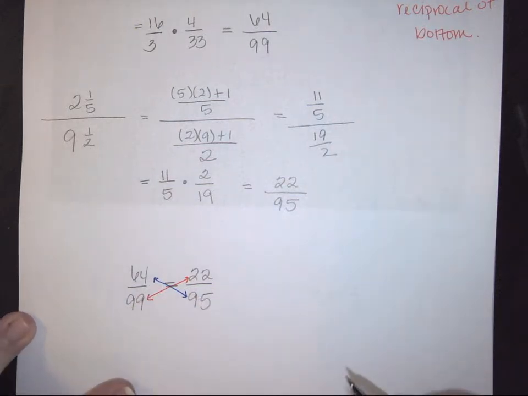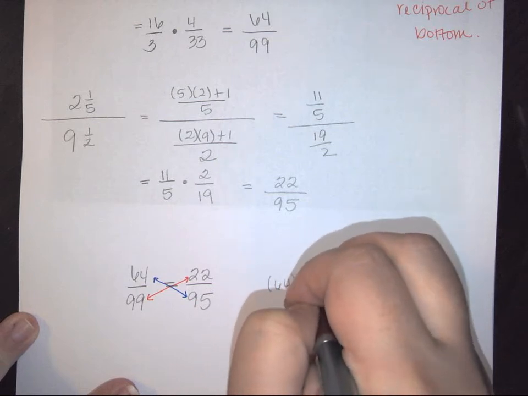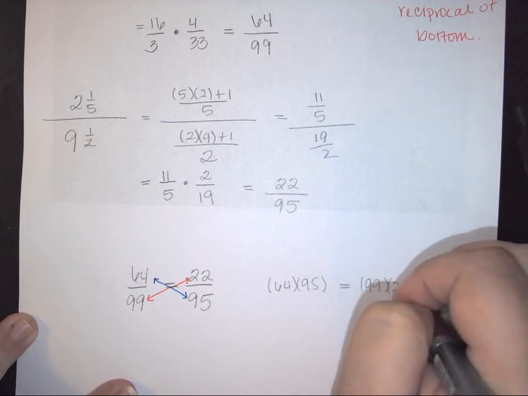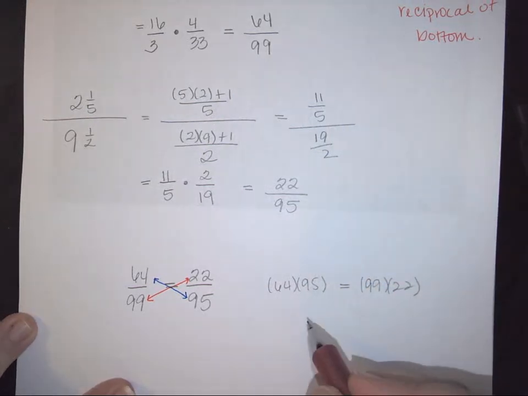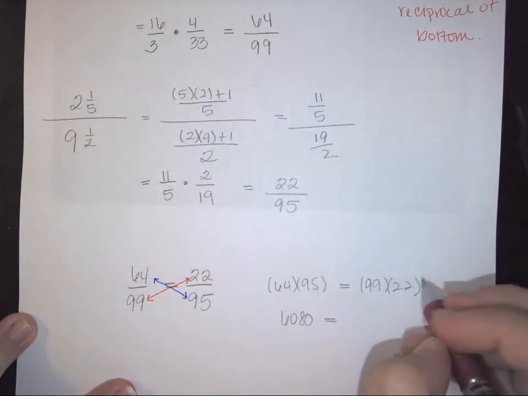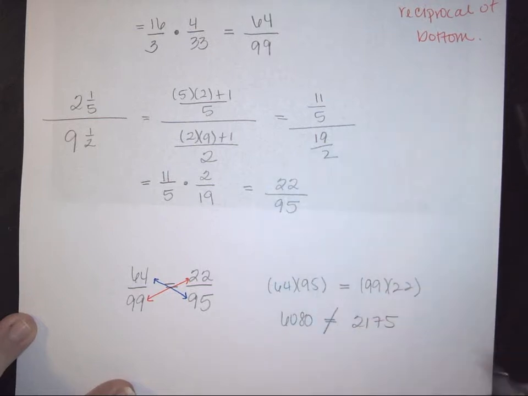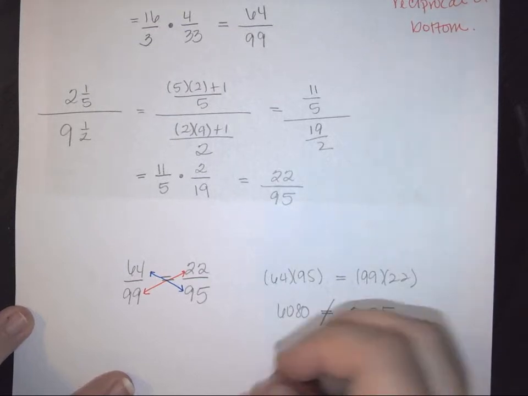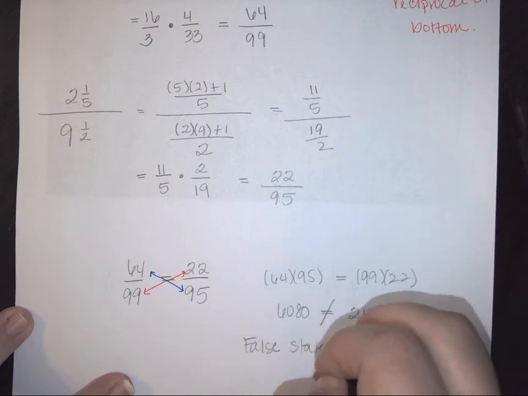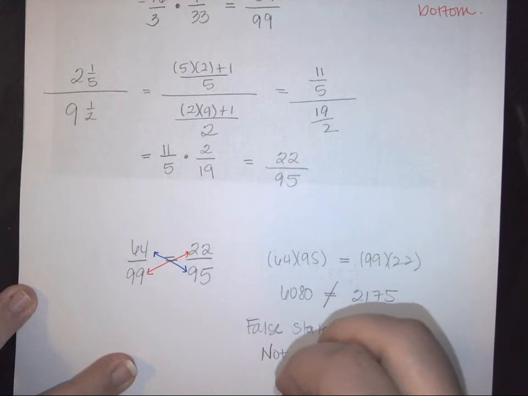So here, this is going to give us 64 times 95, and does that equal 99 times 22? Well, 64 times 95 is 6,080. 99 times 22 is going to be 2,178. If you look, both of these are not equal. Since this gives us a false statement, that means that it is not proportional.